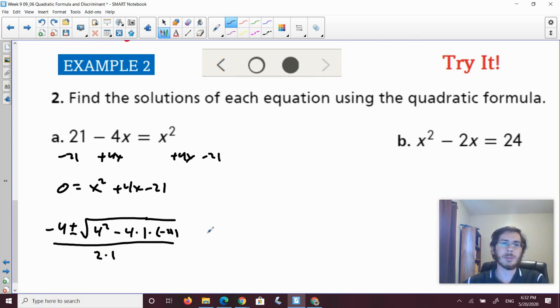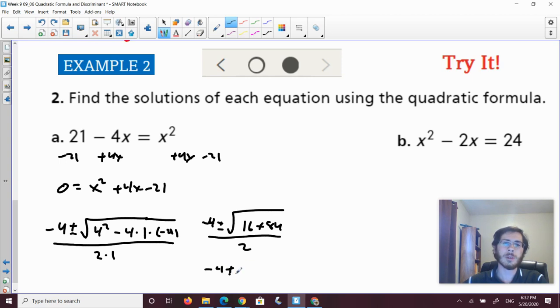All right, well, that's going to be -4 plus or minus square root of 16 plus, because I got 2 minus signs there, 4 times 1 times 21 is 84, over 2. 16 and 84 makes 100.